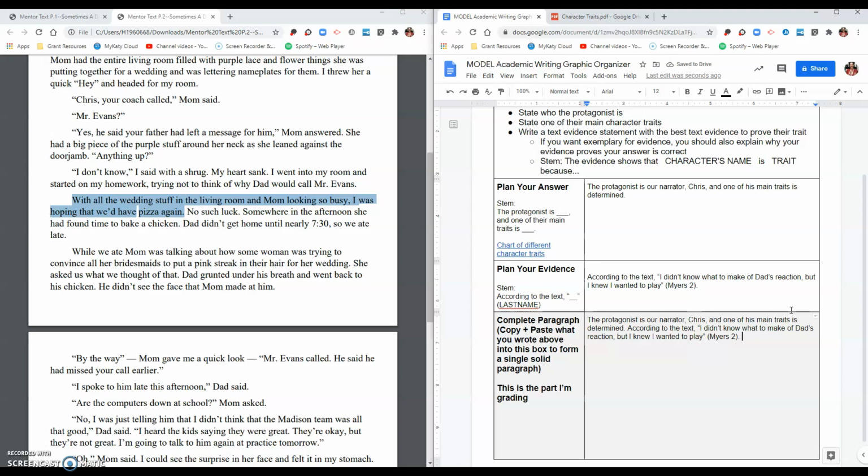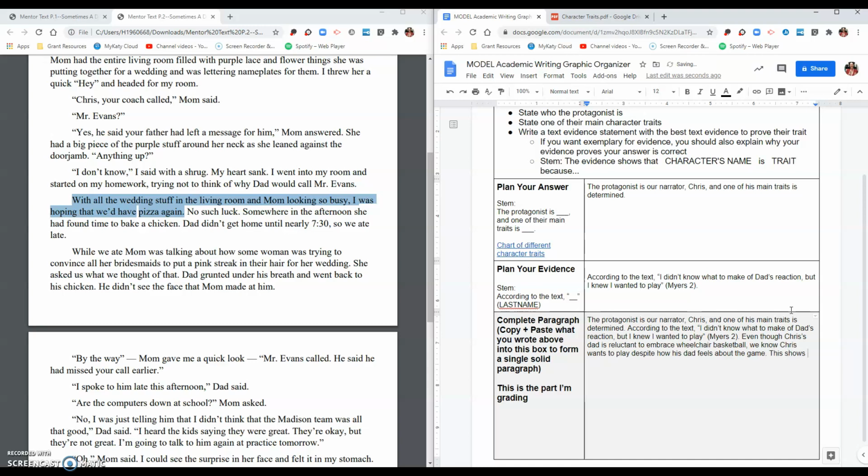So what I might write, so I'm going to add, this is only exemplary. I'm going to say, even though Chris's dad is reluctant to embrace wheelchair basketball, we know Chris wants to play despite how his dad feels about the game.